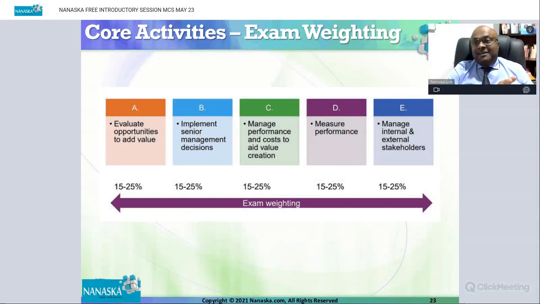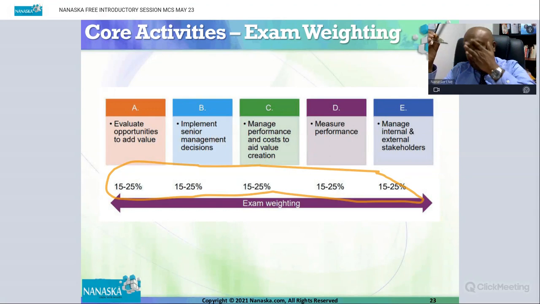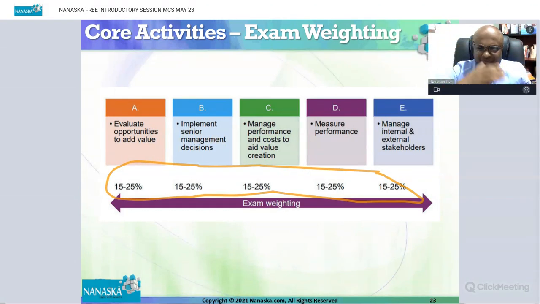Each and every activity out of those 5 will have an equal weightage. Each one will have a minimum of 15% and a maximum of 25% on the exam day. Think about it for a little while.